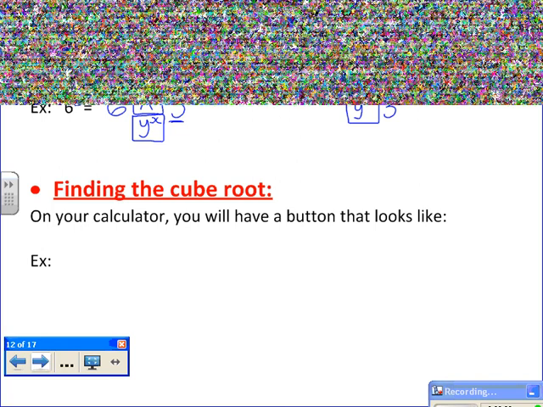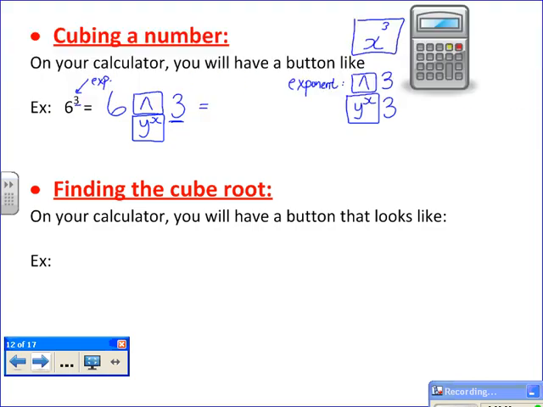Your answer should come out to 6 times 6, which is 36, and 36 times 6 is 216. By the way, if you're ever in doubt, you can always just do that in your calculator. This is the same as 6 times 6 times 6. So you always have that option as well.